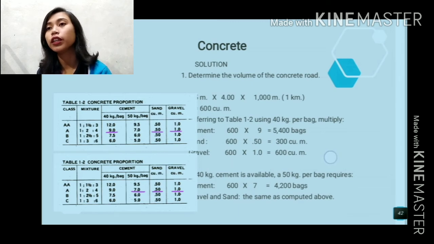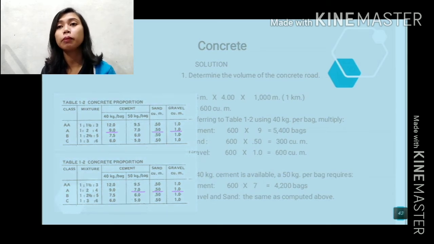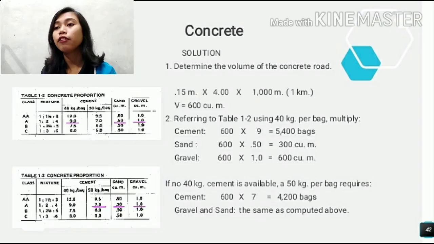So the third one, if no 40 kg cement is available, a 50 kg per bag requires 7 bags for cement, 0.5 cubic meters for sand, and 1 cubic meter for gravel.